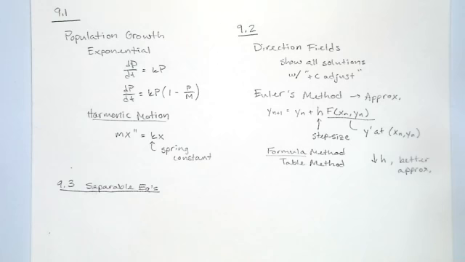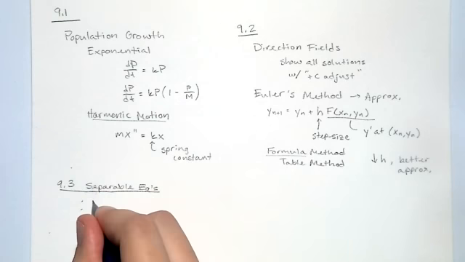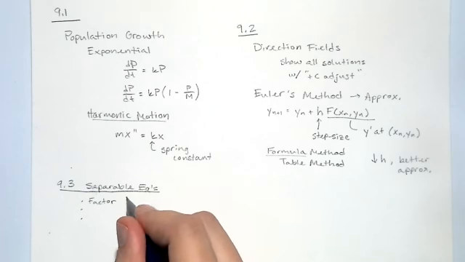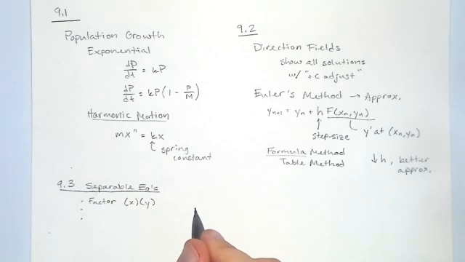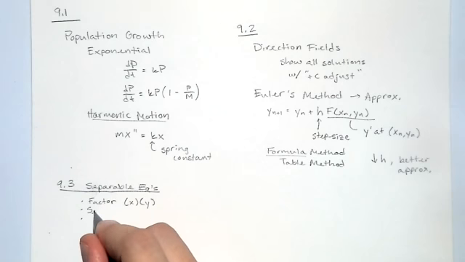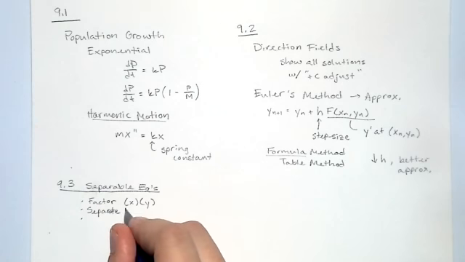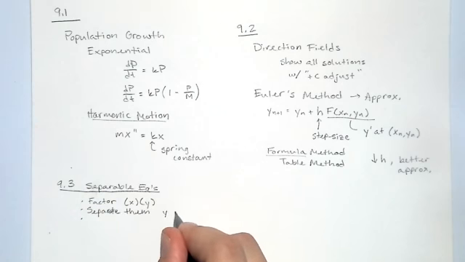They're handy. And so the main idea, or the main checklist to follow with separable equations, is that you want to factor what you have. So you want to separate everything into various x's and y's respectively, so that you have y's on one side and x's on the other.